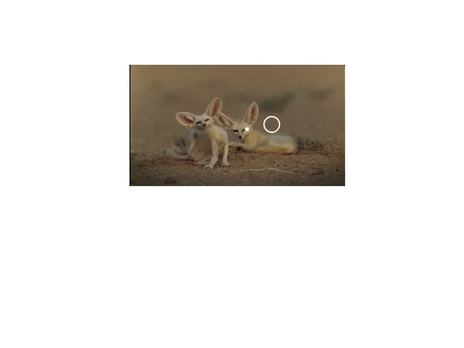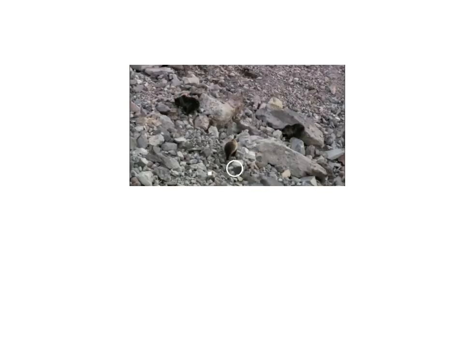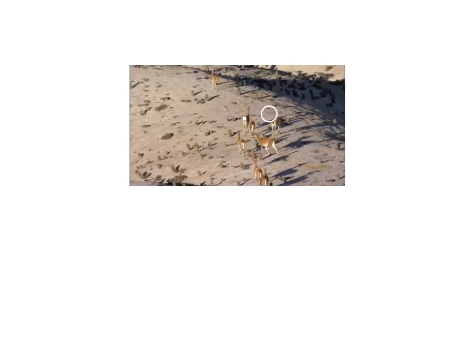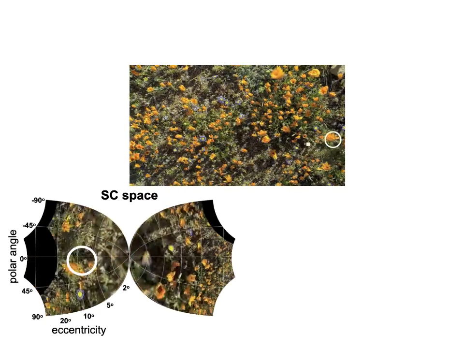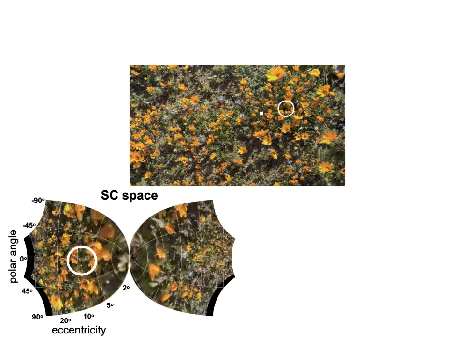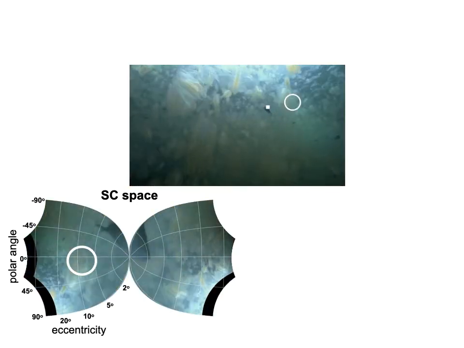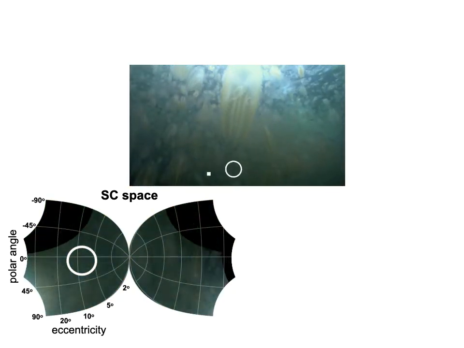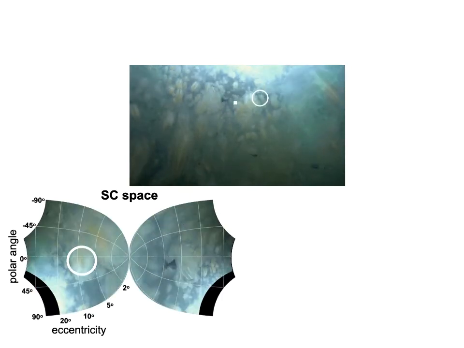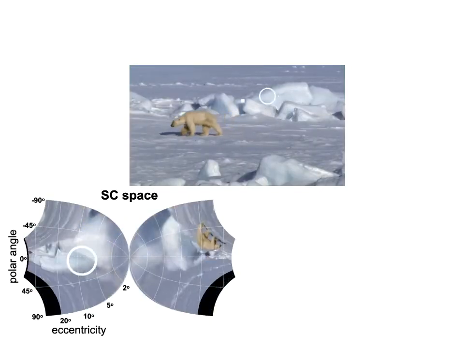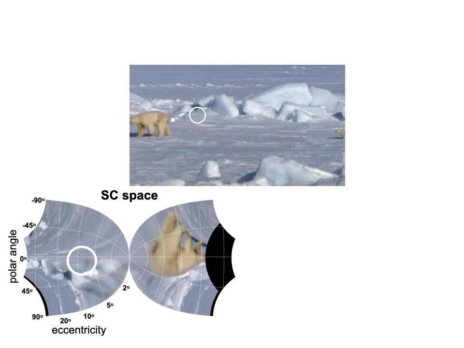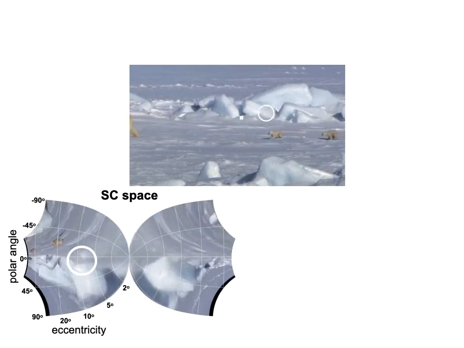Those neurons have so-called retinotopic receptive fields, so their region of sensitivity moves as the eye is moving over the visual scene. We can then, first of all, transform the visual input into superior colliculus space, which is highly distorted. It's a little bit the same idea as you may know that your retina has very high resolution towards the center of gaze, but much lower resolution in the periphery.